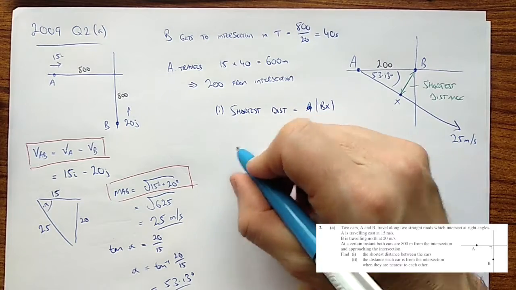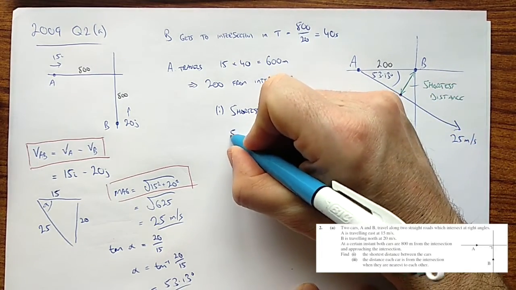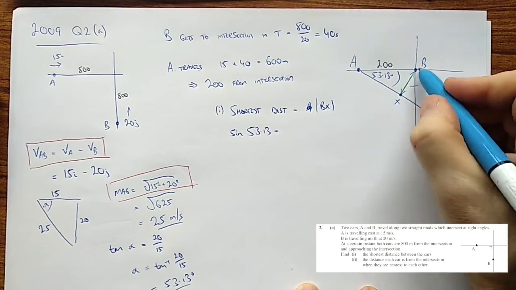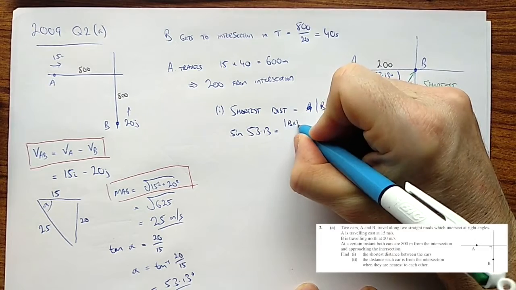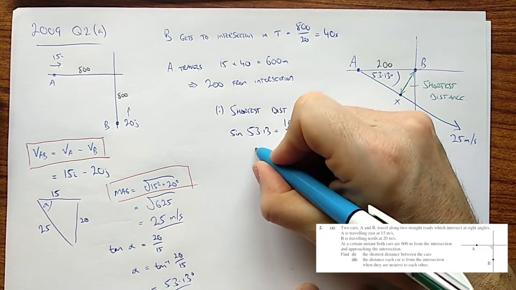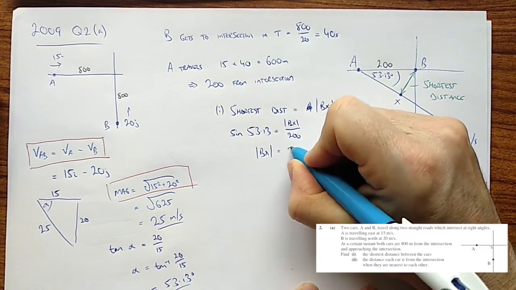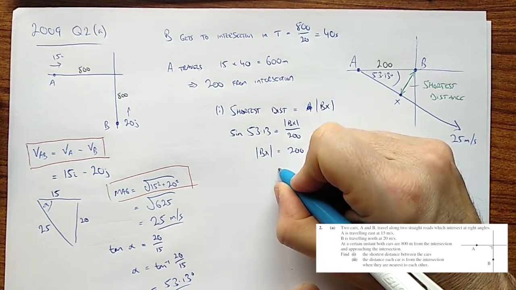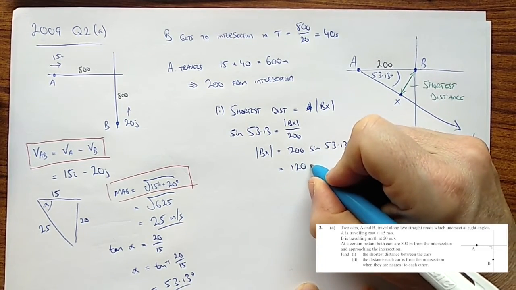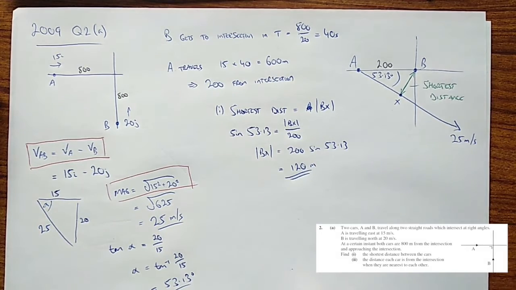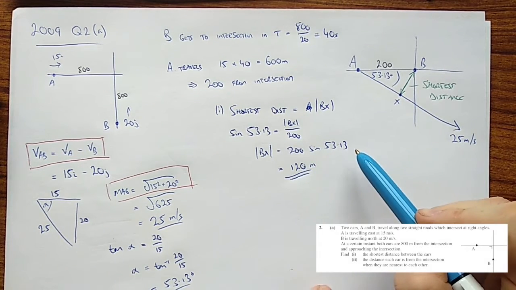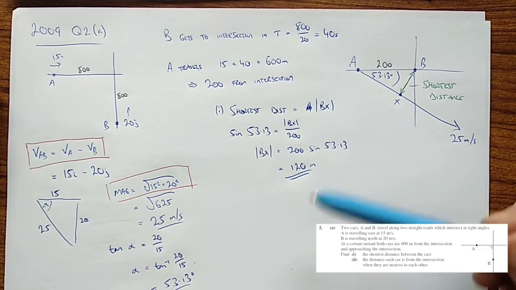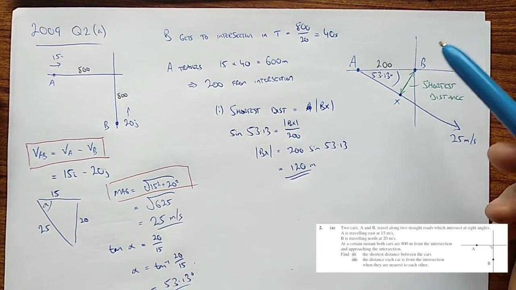So the sine of 53.13 equals this side over this side, so BX over 200, which means that BX equals 200 sine 53.13. And BX then, if you put that all in, is 120 meters. If you're getting slightly weird rounding errors, don't be afraid. When you originally did this, it's 53.13 and a whole lot else. Store that in your calculator, recall it up here, job done.